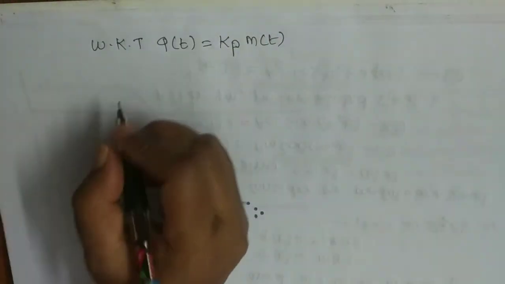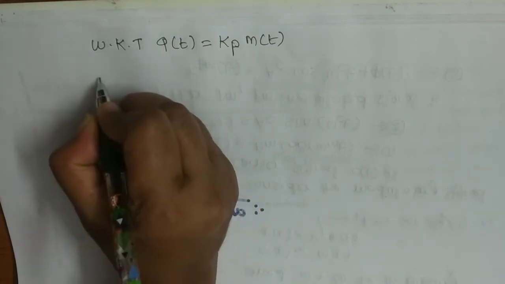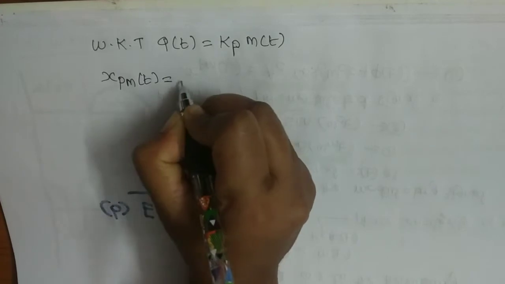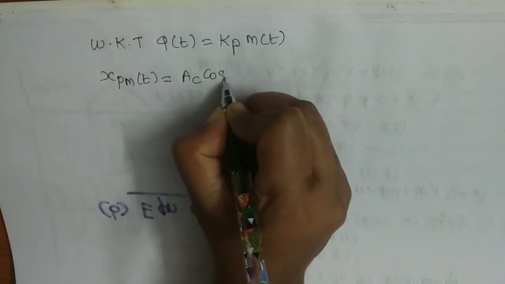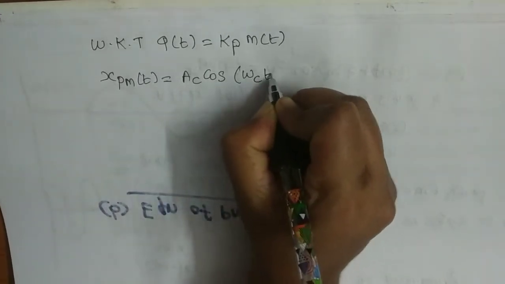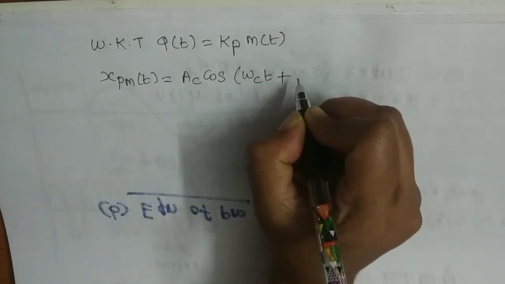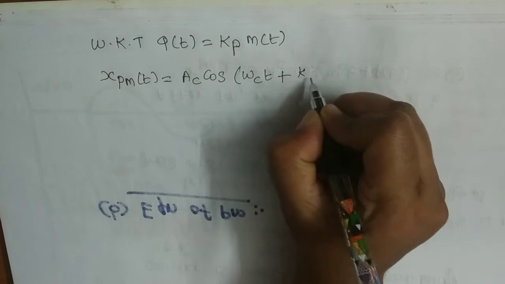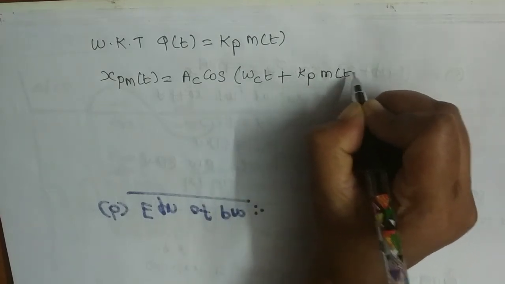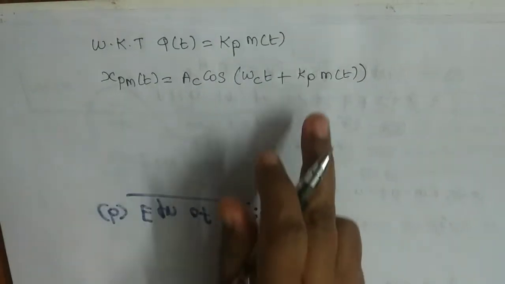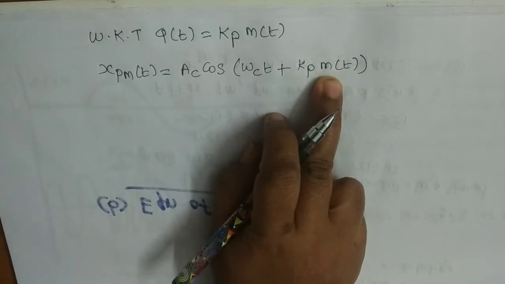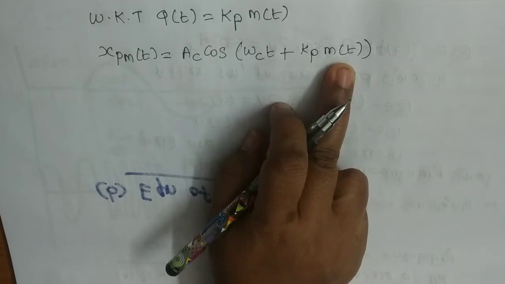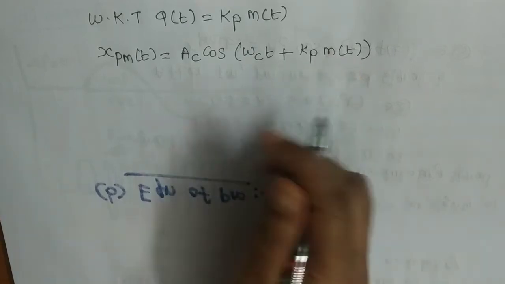So the phase modulated signal will be xPM of t equals Ac into cos of omega ct plus phi of t, isn't it? Instead of phi of t, we are substituting kp into m of t. We know that m of t is nothing but the modulating signal, so we can substitute the modulating signal equation here.